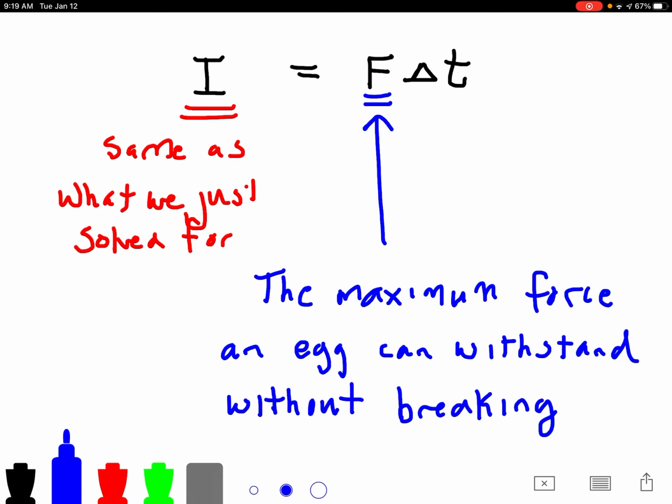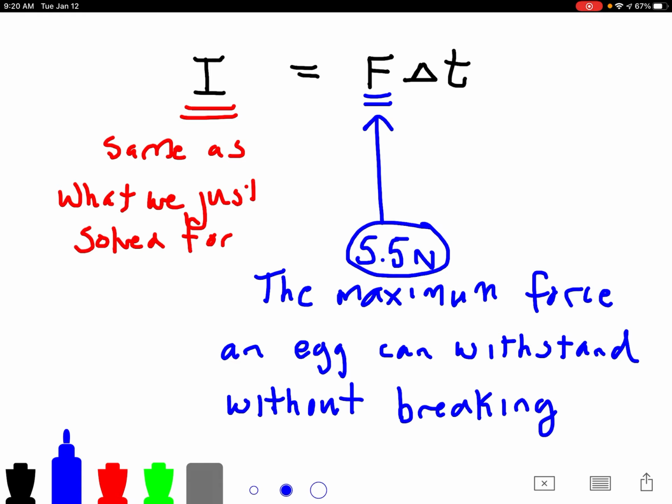And I know what that is because we can just do a couple different experiments, and you don't need to do this one, but by testing, and this is obviously an average value, every egg is not going to be the same, but it's about 5.5 newtons. 5.5 newtons is the maximum force that an egg can withstand without breaking.